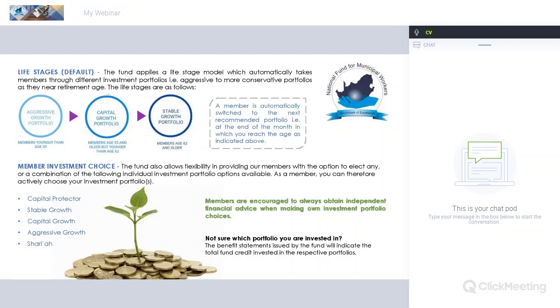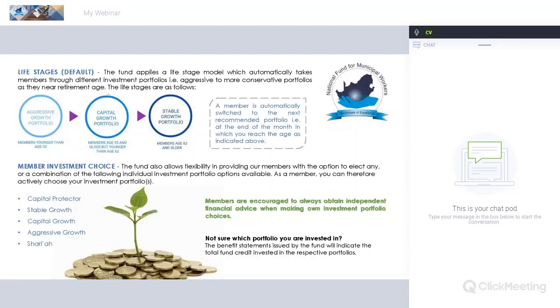That means members can choose the individual investment portfolios that their contributions and fund credit will be invested in. There are 5 individual investment choice portfolios: Capital Protector, Stable Growth, Capital Growth, Aggressive Growth, and Sharia portfolios.